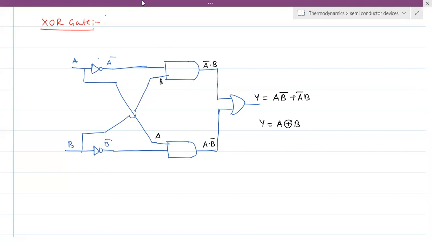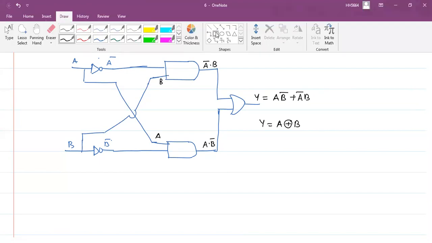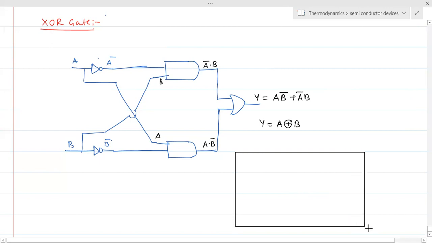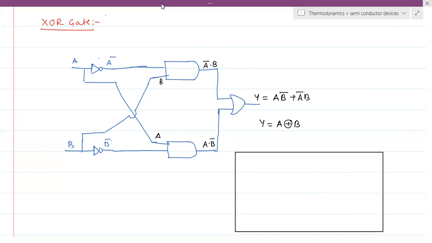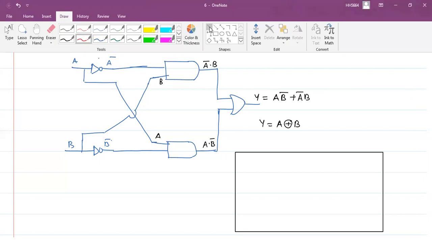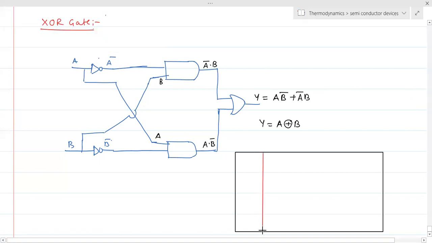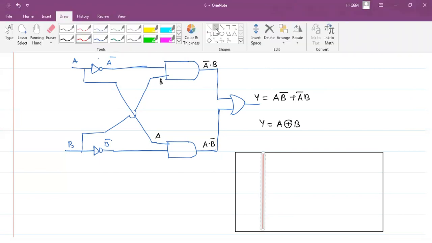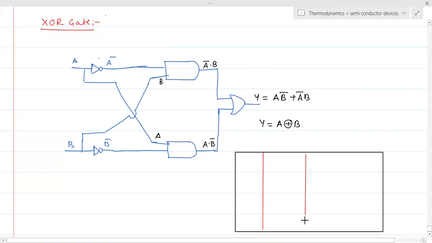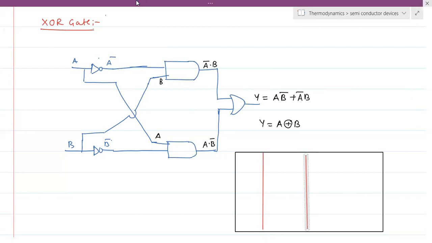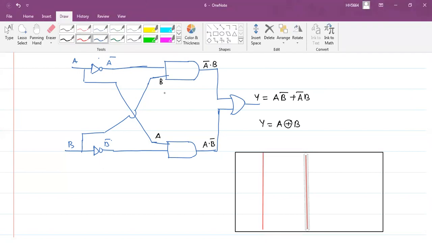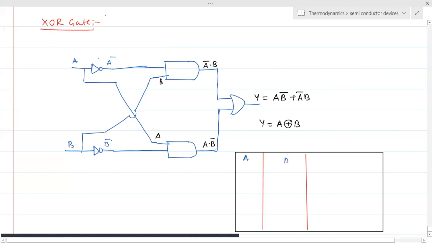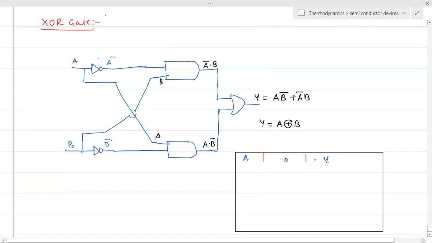So here I'm writing the truth table. So this is A and this is B. So easily we can remember the XOR gate truth table.